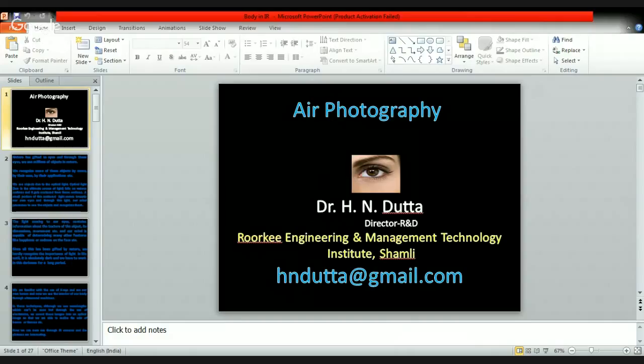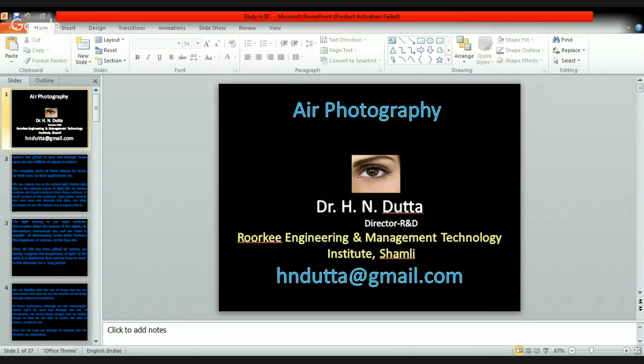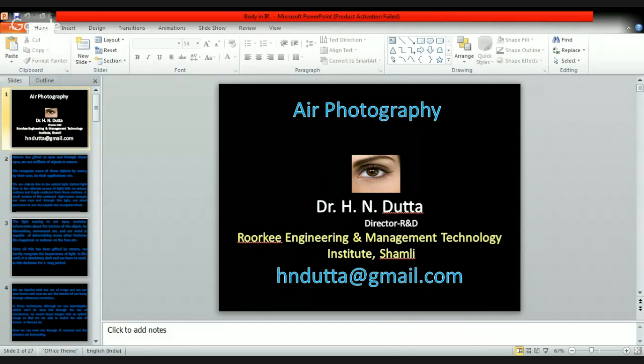We recognize some of these objects by name, by their uses, by their applications, etc. We see these objects by light, optical light, which is generated by the sun, and this light falls on various surfaces and is scattered from these surfaces. Like my own face is a surface.